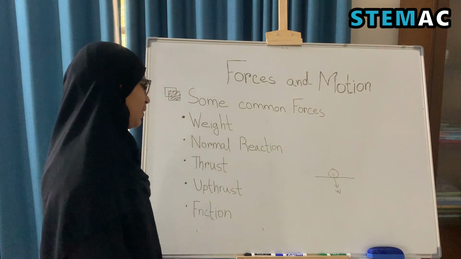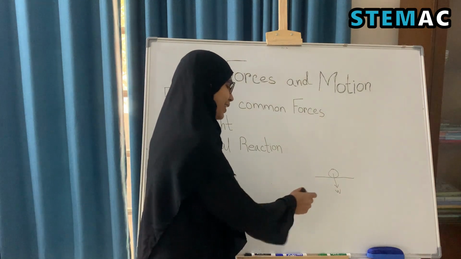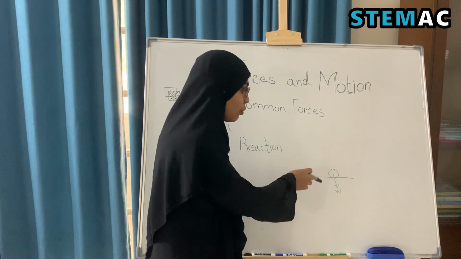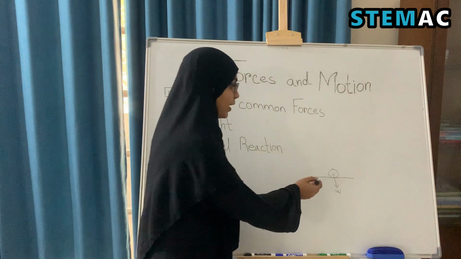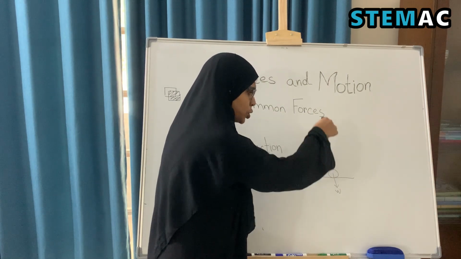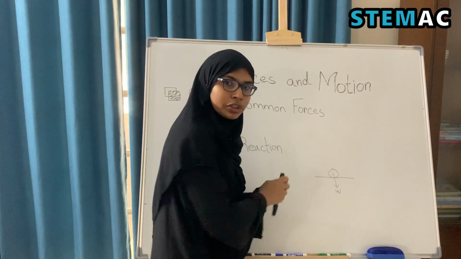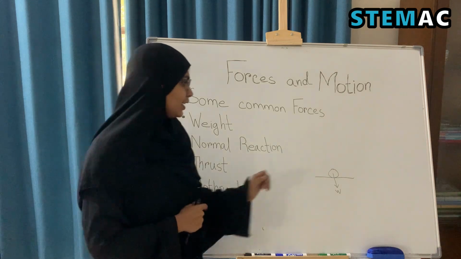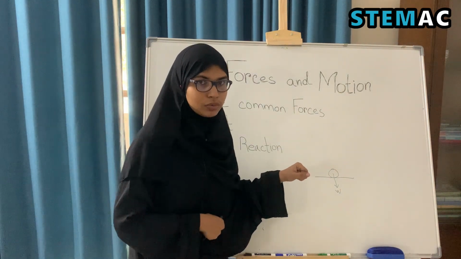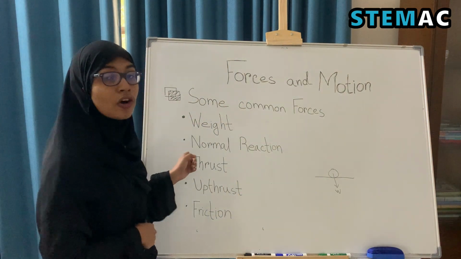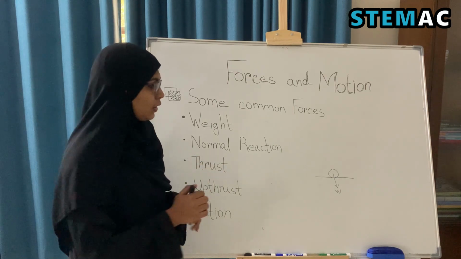As weight force acts down on an object, it might seem that the object should go into the ground, but it's not really going into the ground. And why is that? It's because of the normal reaction force.